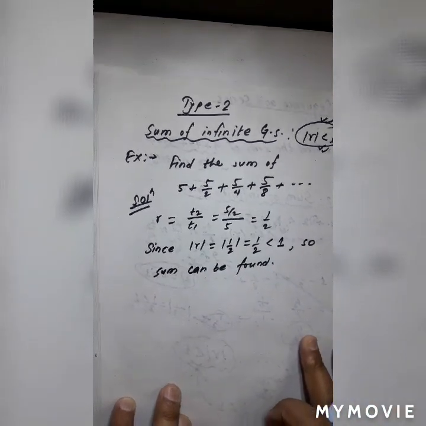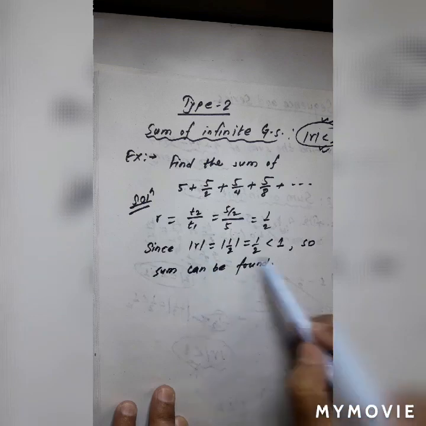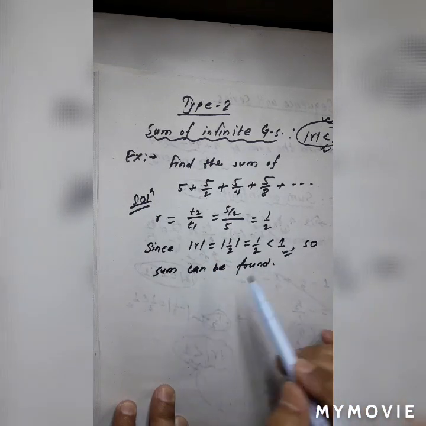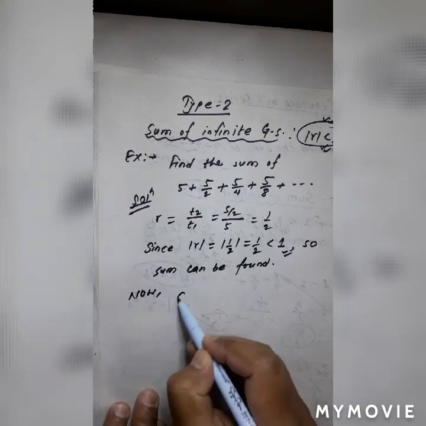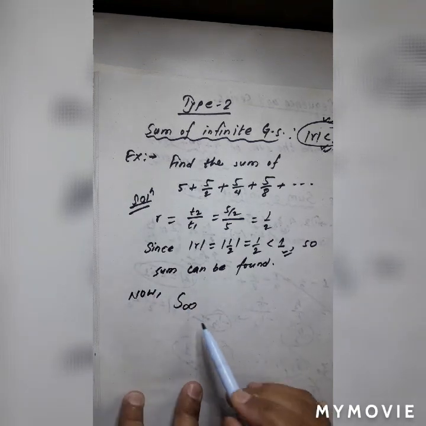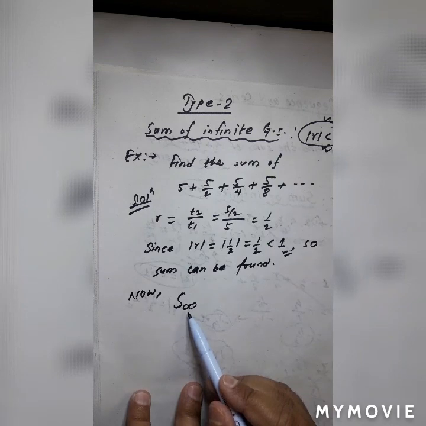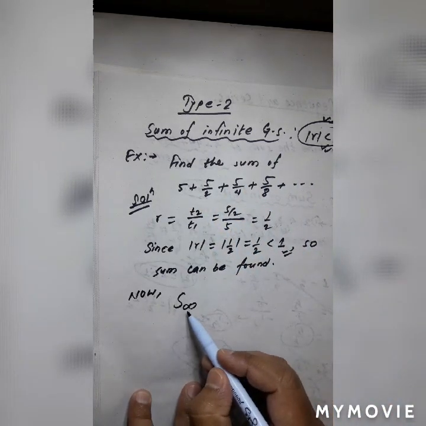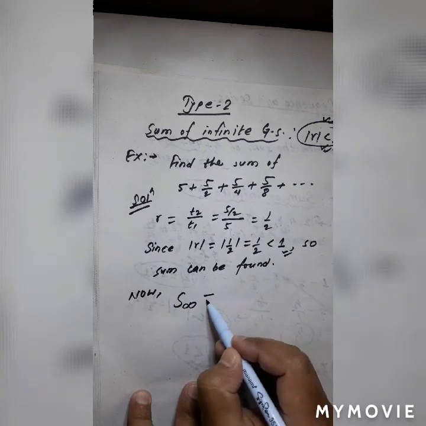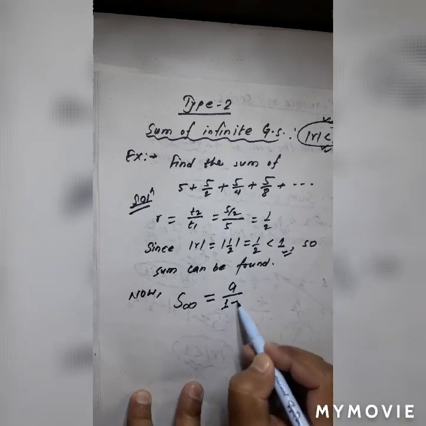So students, here we got the absolute value of the common ratio less than 1, that's how we can find its sum. To find the sum, now we have one formula, the sum of an infinite series. Since there are infinitely many terms, we use S infinity, and it has one formula, a by 1 minus r.